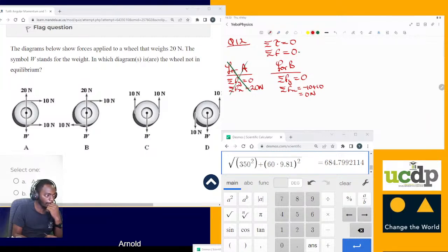Okay, then let's do the torque and see. So it's force times the perpendicular distance to the pivot, right? So what do we have there for B?